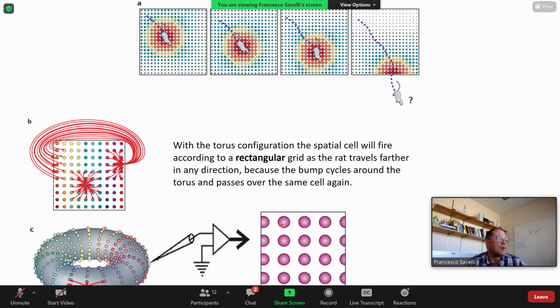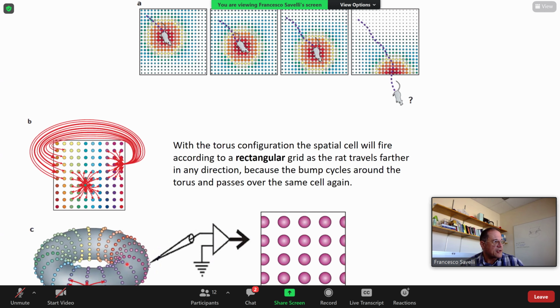So if the rat is moving from here, the bump of activity can go around, so different cells are going to be active, but then when it comes all the way back here, the cell is active again. So what you're going to see in a rate map is a second firing field, a second place field. And then again and again.